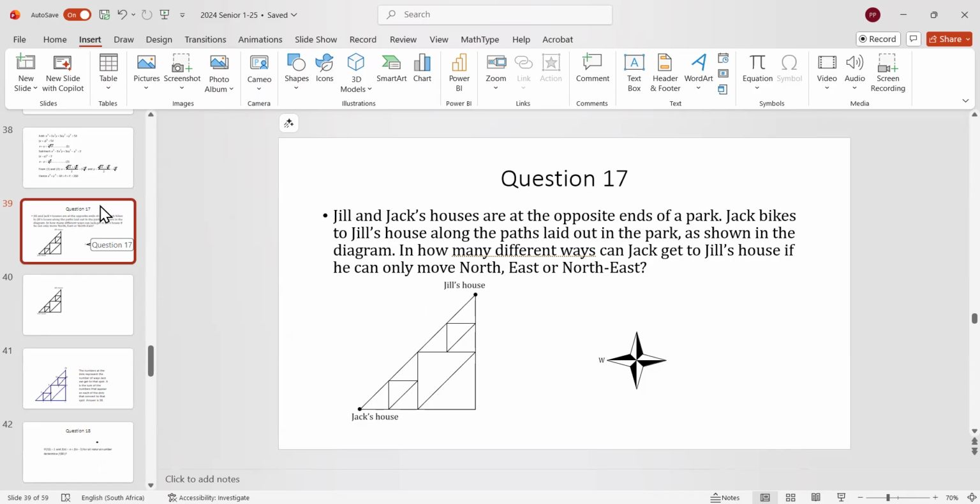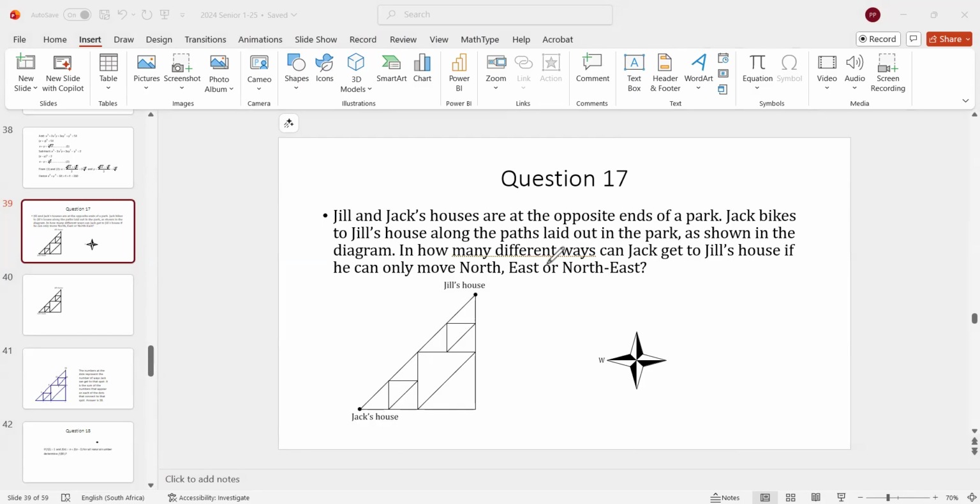Okay, Jill and Jack's houses are at opposite ends of a park. So there's Jack's house and Jill's house. Jack bikes to Jill's house along the paths laid out in the park. So you can go directly like that, or you can go like that, or you can go straight down like this.